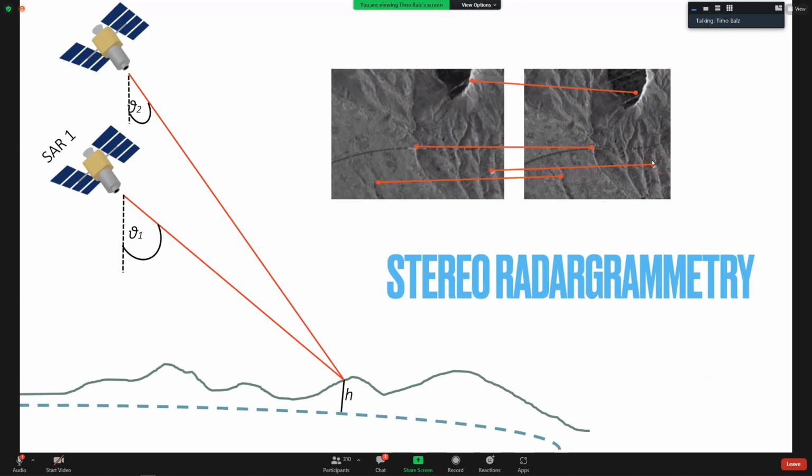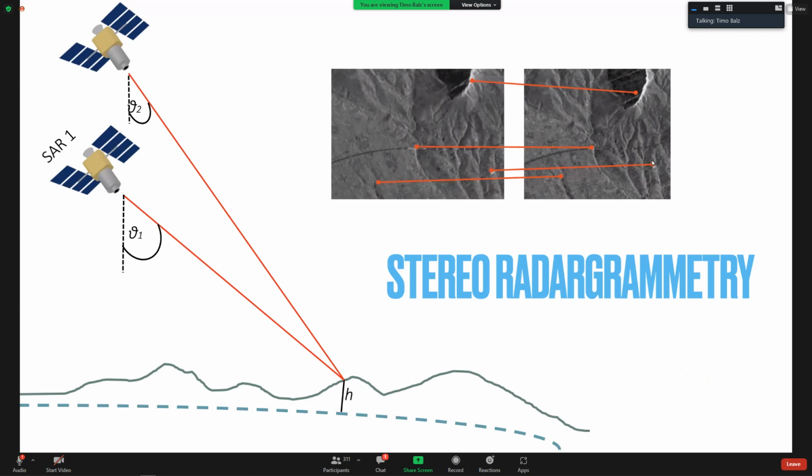You need to do that for ideally all points that you can find. And if you identify them correctly with a good precision, ideally with subpixel precision, then you can calculate the height and the height differences between 2 points, and then you can get a DSM out of that. That's how it works.